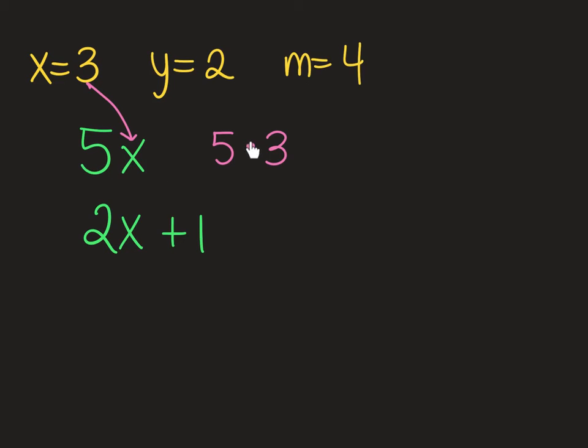So I did 5 times 3 with a dot. Final answer is 15. Here's another smoosher. 2 is smooshed with x. And then I'm going to add 1. 2 times 3 plus 1. Order of operations says I multiply. 6 plus 1. Final answer is 7.